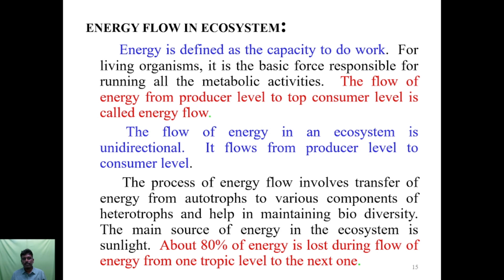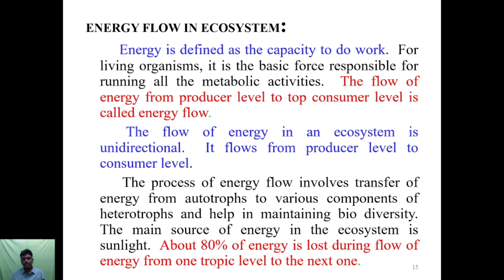The flow of energy from producer level to top consumer level is called energy flow. Already we have discussed producer, consumer, primary consumer, secondary consumer. The producer is the first, in the topmost level. It takes energy from the sun.